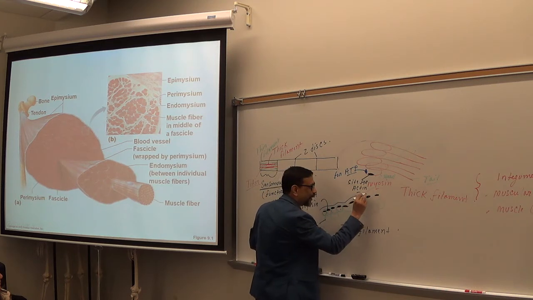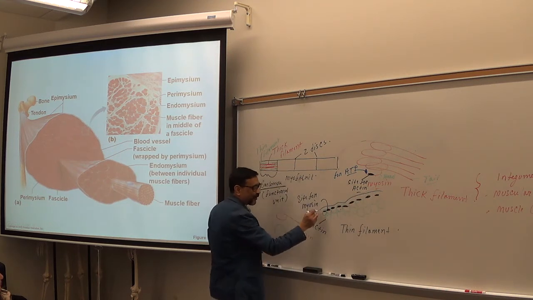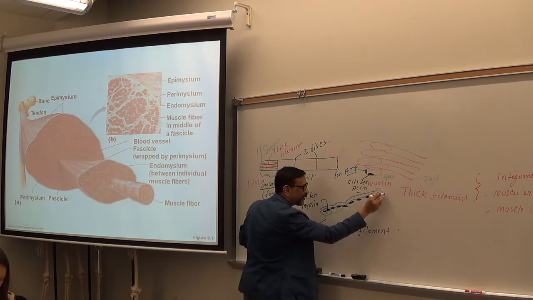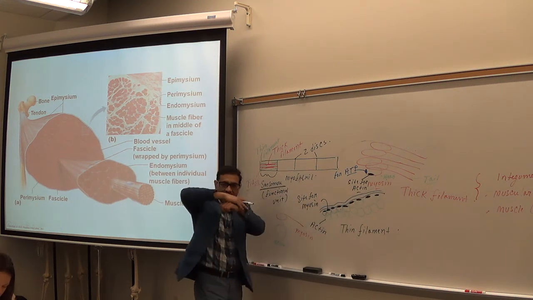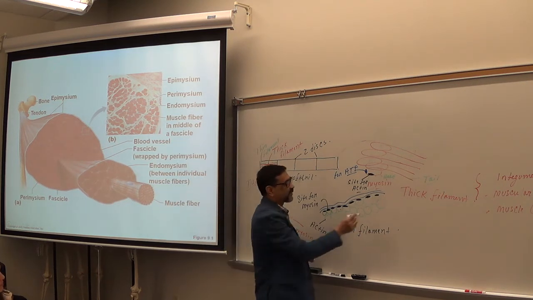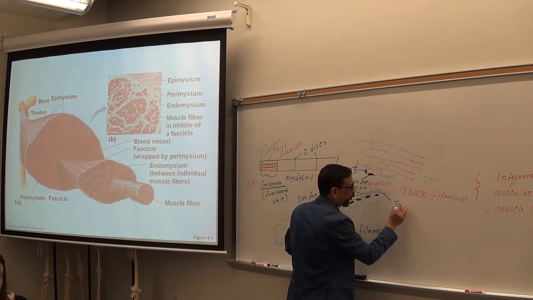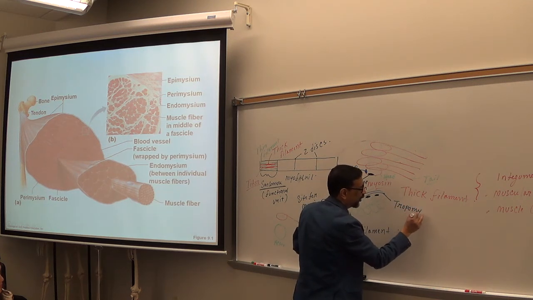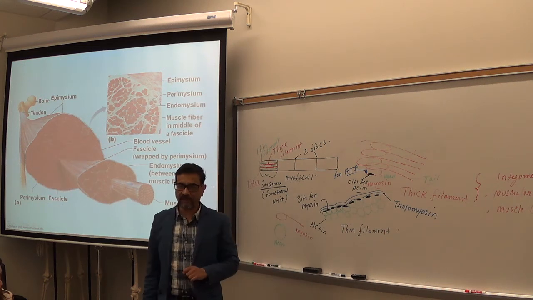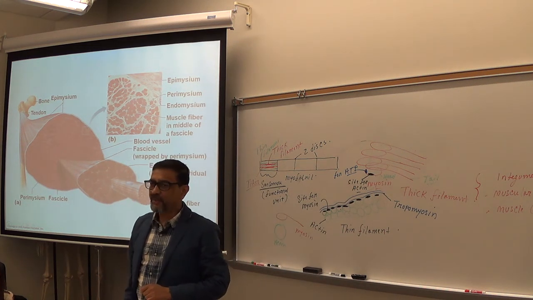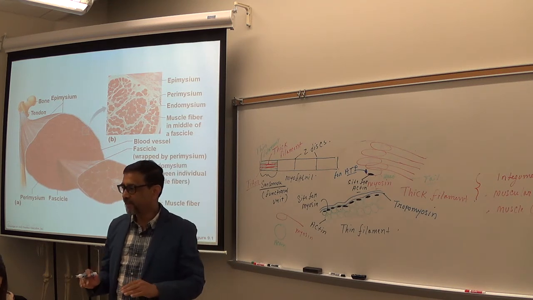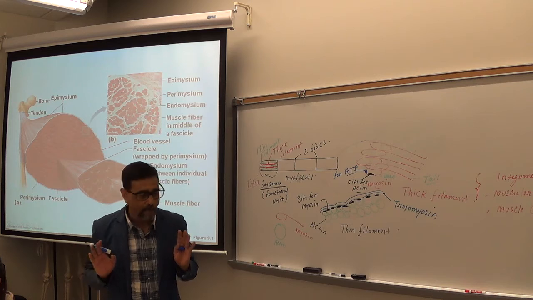The problem is the binding sites on the actin balls are covered by a rope-like structure. So you see, this rope-like structure is covering the binding sites on actin. Is it clear? And this structure is called tropomyosin. So tropomyosin is a rope-like structure that lies on the actin balls and covers the binding sites.